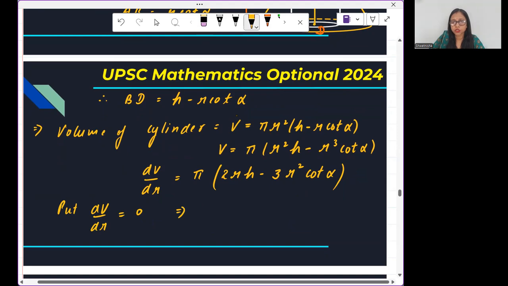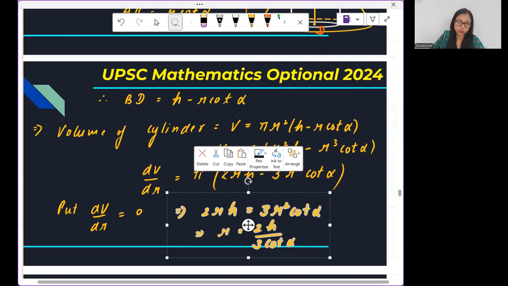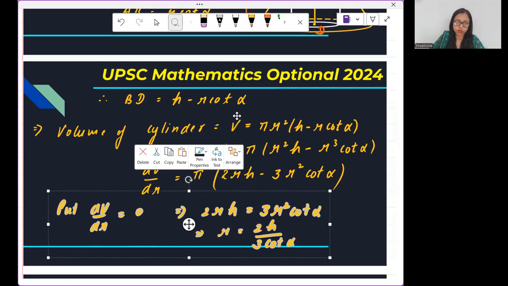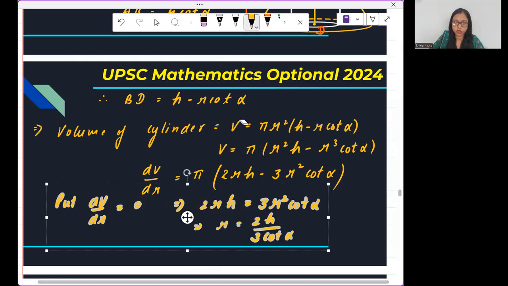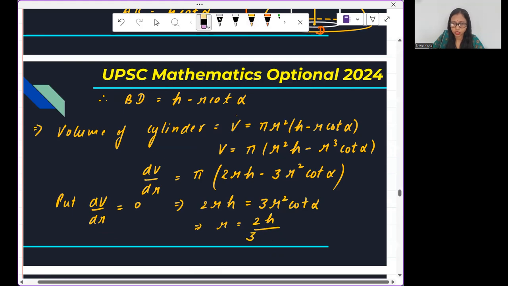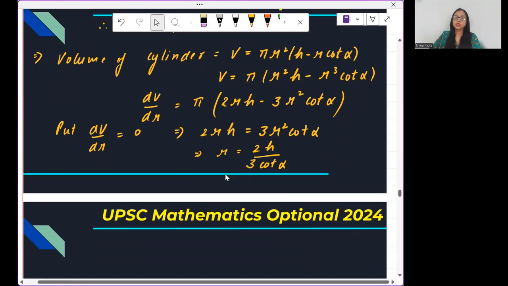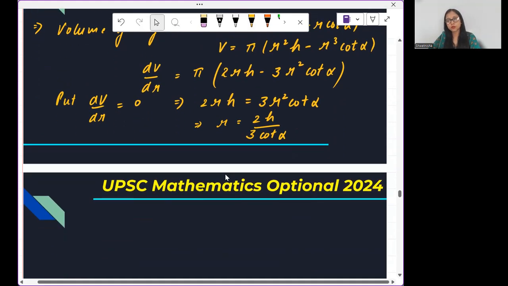So obviously 2rh is equal to 3r square cot alpha, which gives the value of r as 2h divided by 3 cot alpha. Now this can give a maximum value as well as a minimum value, so we'll find the double derivative.